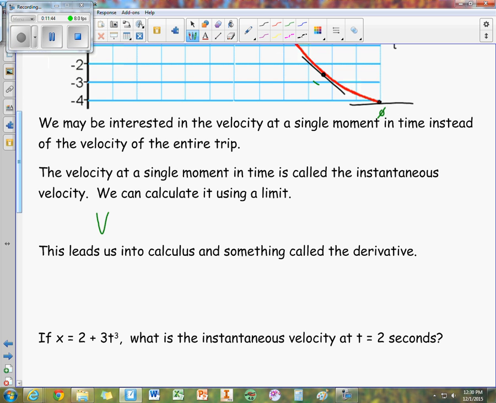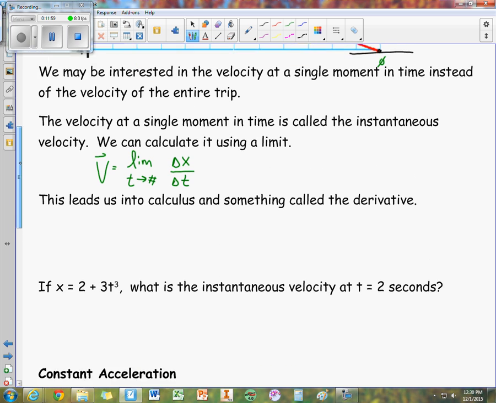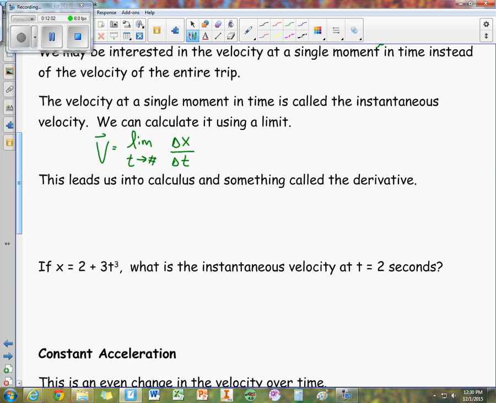So the instantaneous velocity would equal the limit as time approaches some value on the graph of delta x over delta t. It's up to your math instructor to teach you about limits. And here we're starting to get a little off course, but this does lead us into calculus.